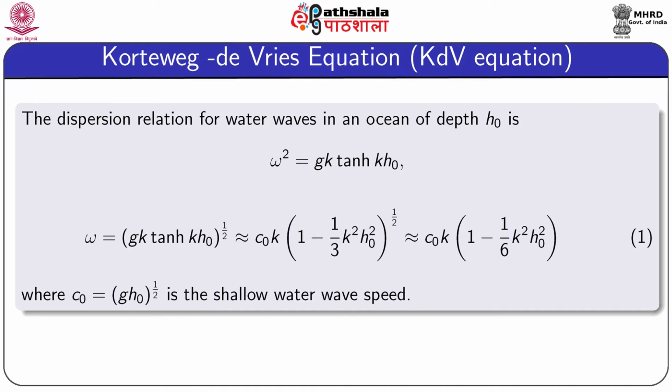So, from that equation, we can find the value of omega as a function of k as (g k tanh(k h0)) to the power half. Now, if we expand this function, we get omega approximately equal to C0 k times (1 minus 1/6 k squared h0 squared), where C0 equals (g h0) to the power half, and this denotes the wave speed.